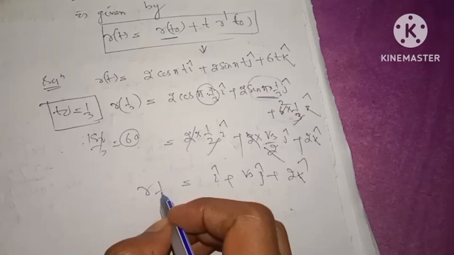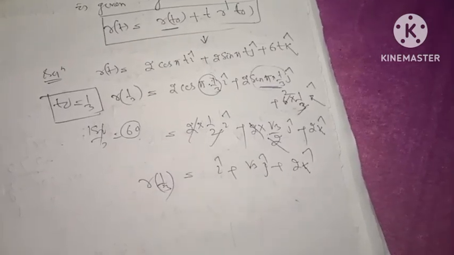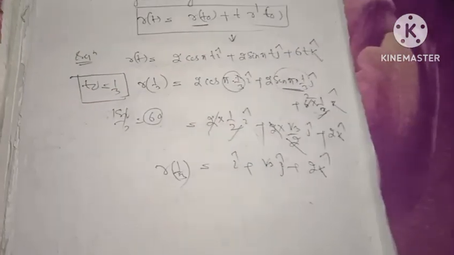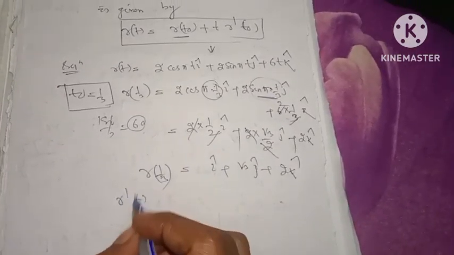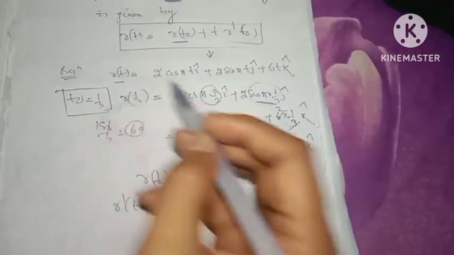This is r of 1/3. Then again, find r dash t. What is the derivative of r of t?